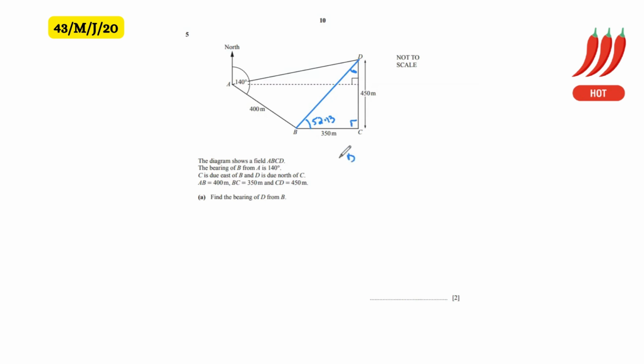So angle BDC is 90 minus 52.13, which was 37.87. So this is 37.87 degrees. We have to find this distance, AD, this is X. So we have this length.